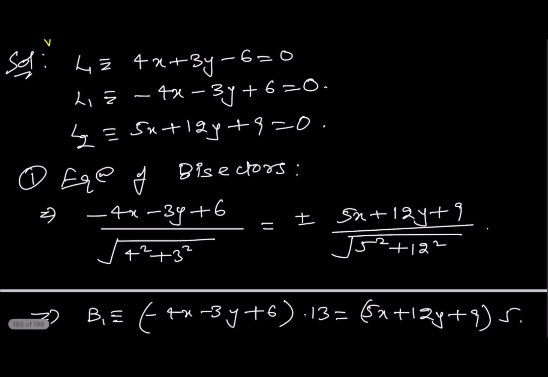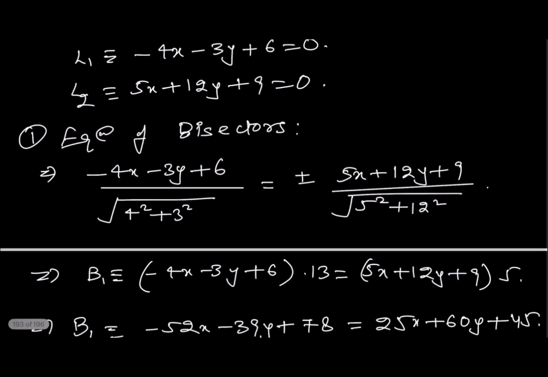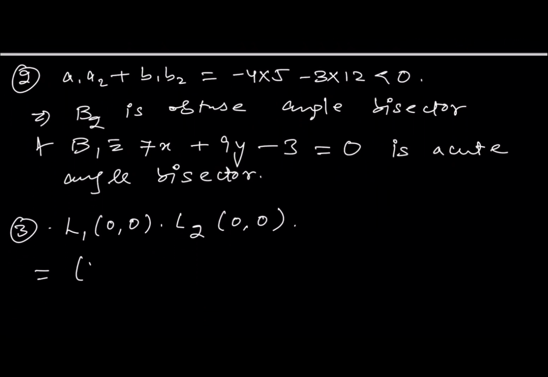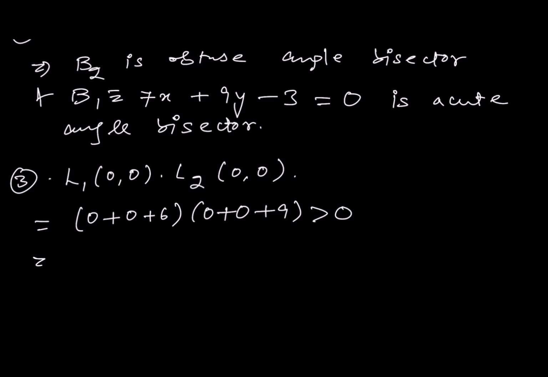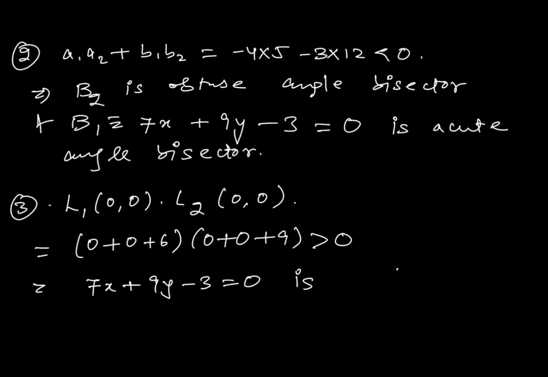So this will become (0 plus 0 plus 6) into (0 plus 0 plus 9), which is positive, implies the bisector with positive sign will contain the origin, or the acute angle bisector is containing the origin, in the region in which this bisector is lying.